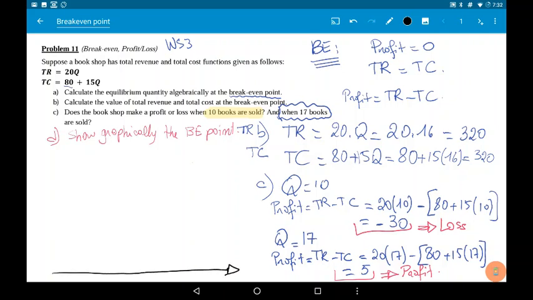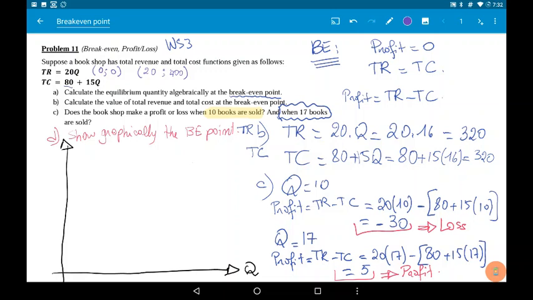This is my x-axis, Q, and this is my y-axis. We have TR and TC on this axis. First, we need to find 2 points to draw the total revenue. If Q equals 0, TR equals 0. A second point, if Q equals 20, TR equals 400.